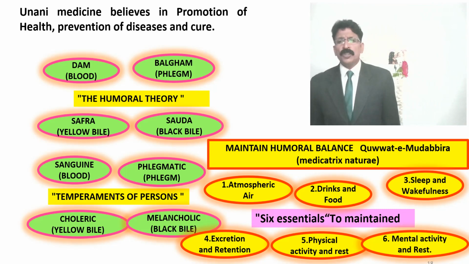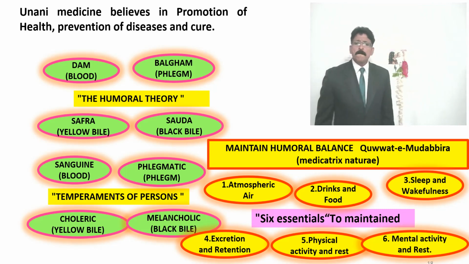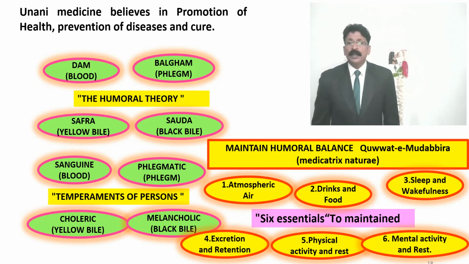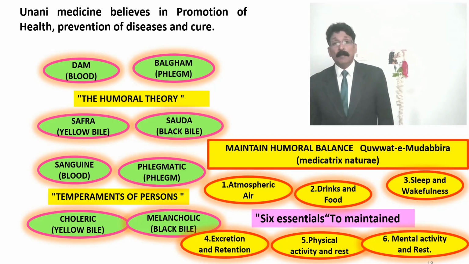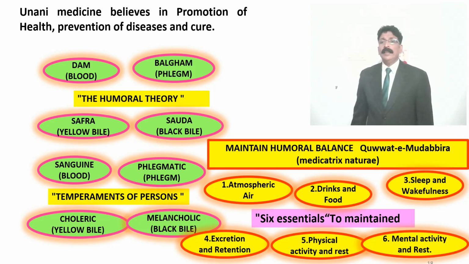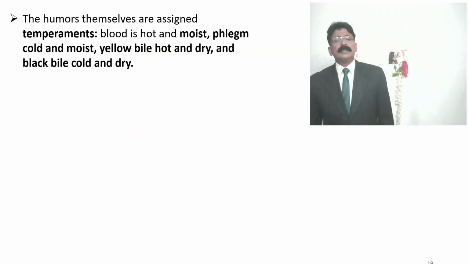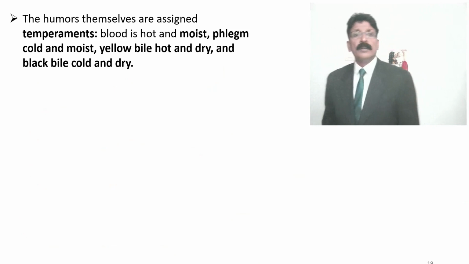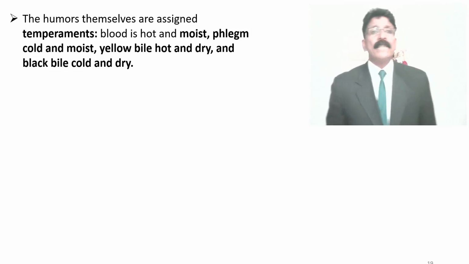So these are the six essential points to maintain the humoral balance in Unani, which is called Medicatrix Naturae, or in the words of Greek, Quwwat-e-Mudabbira.